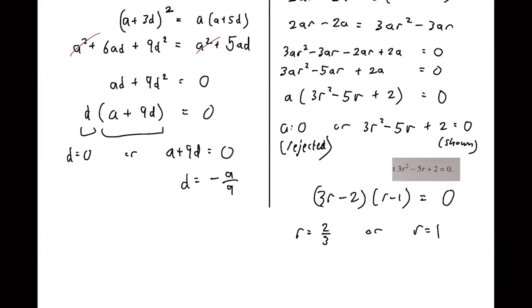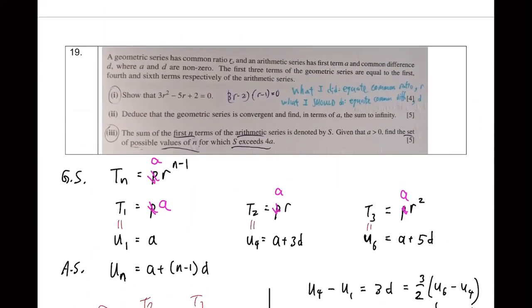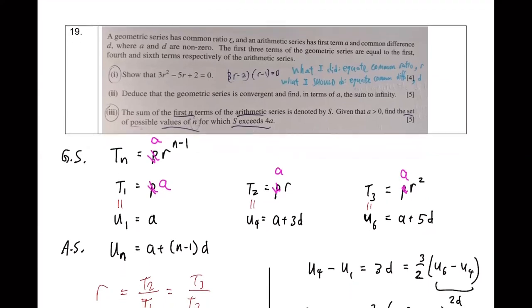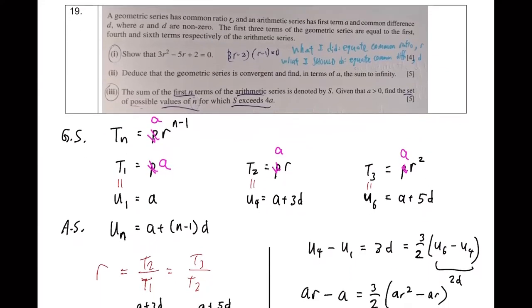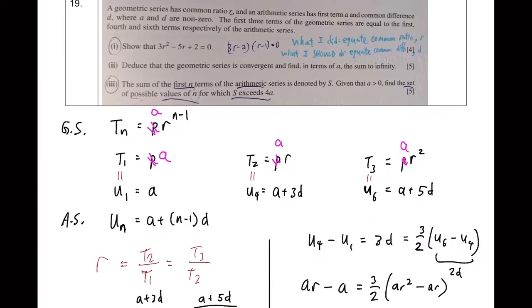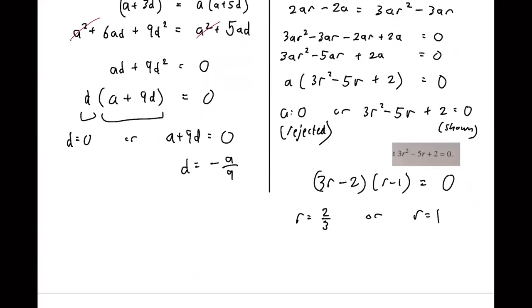Can r be equal to 1? If r is equal to 1, this will not be convergent, but if r is equals to the other fraction 2/3, it will be convergent.